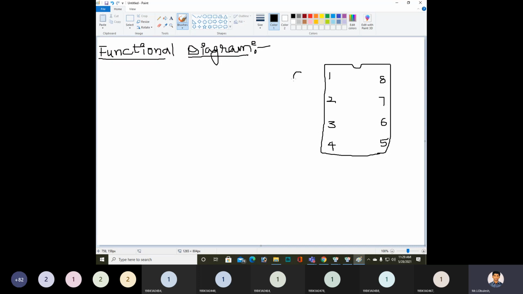Pin number 1 is the ground. This is the trigger pin, means input. This is the output pin.